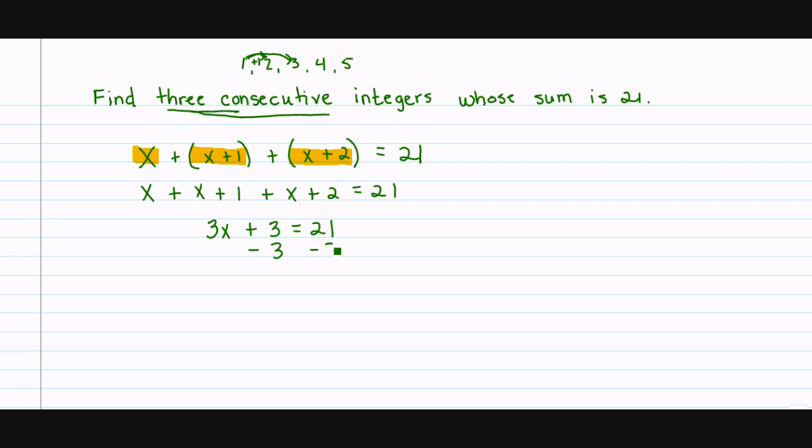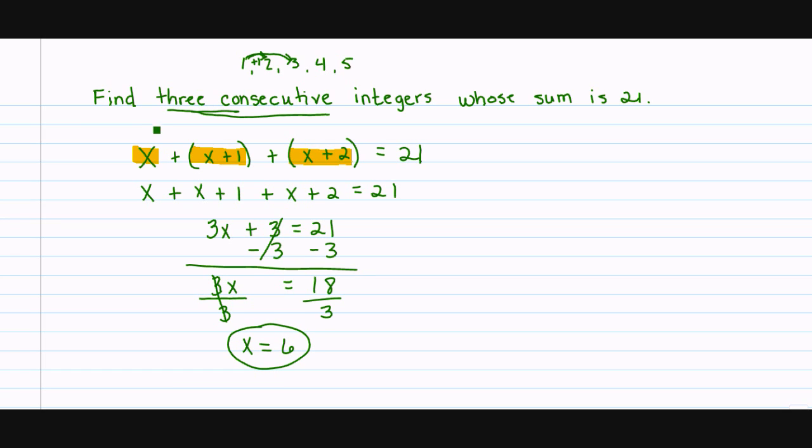I subtract 3, giving me 3x, cancels out. 21 minus 3 would be 18. Divide by 3. And x equals 18 divided by 3 is 6.